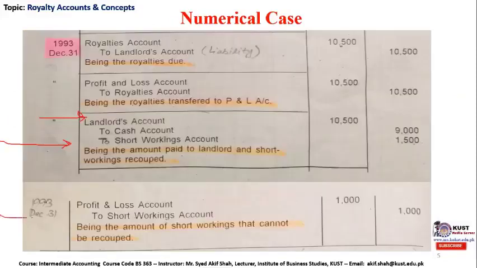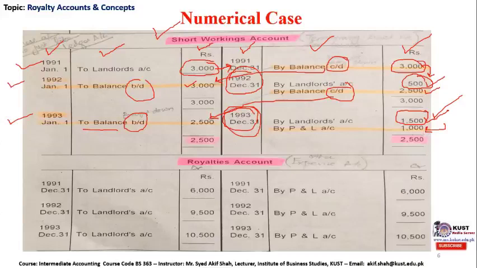As you can see, at the end of December 31st, 1993, there was once again a credit entry to the short working account. Therefore, this has been written off against the profit and loss account, and hence the short working account has vanished or balanced out.